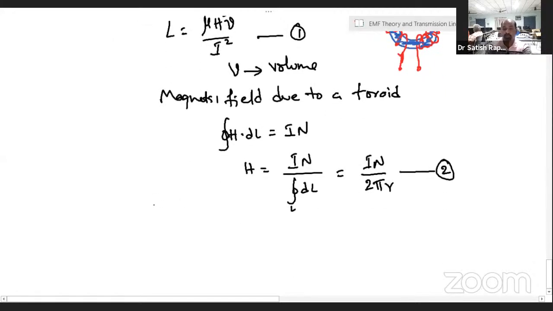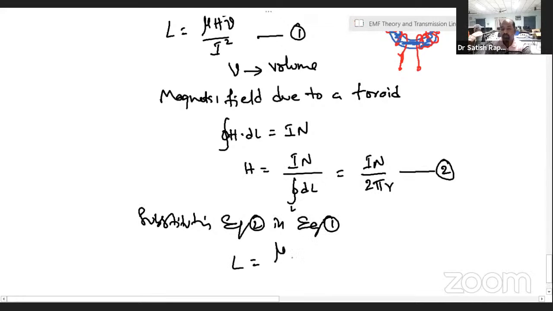So therefore substituting equation 2 in equation 1, we will get L is equal to mu V by I square times H square.